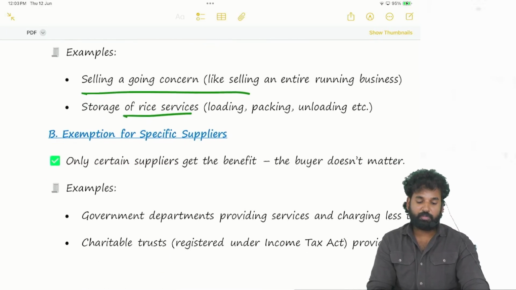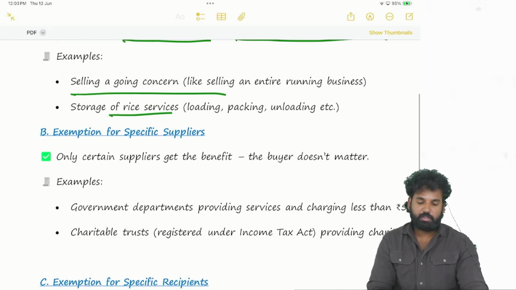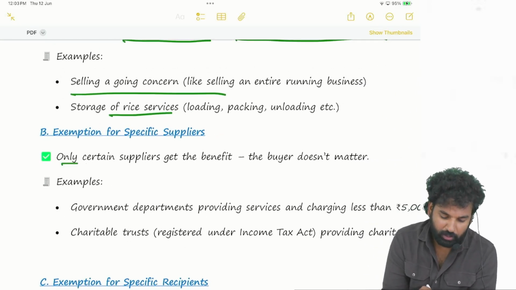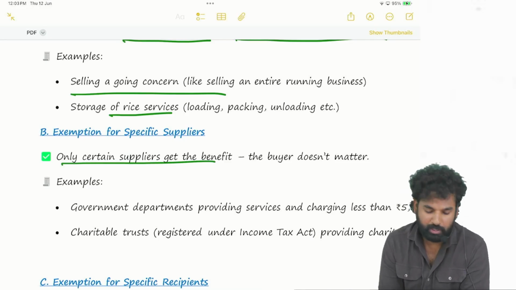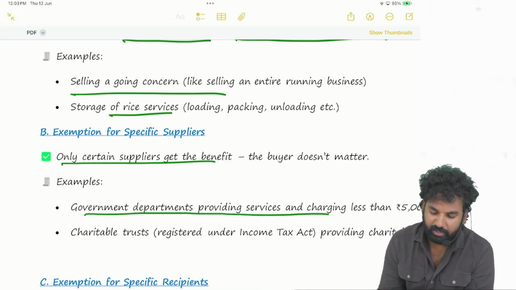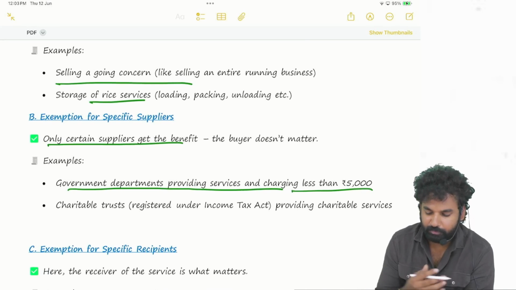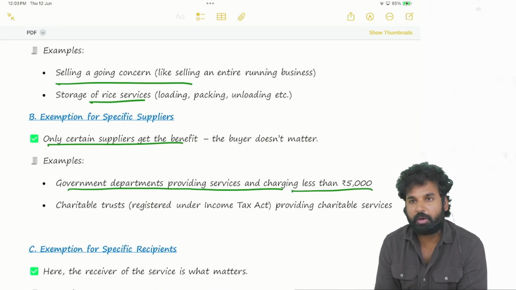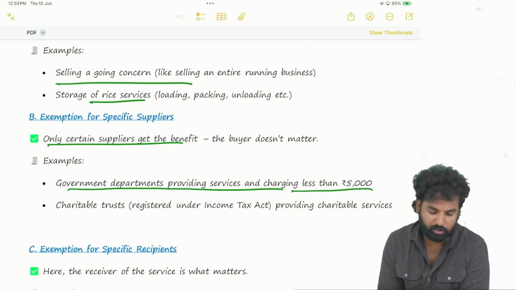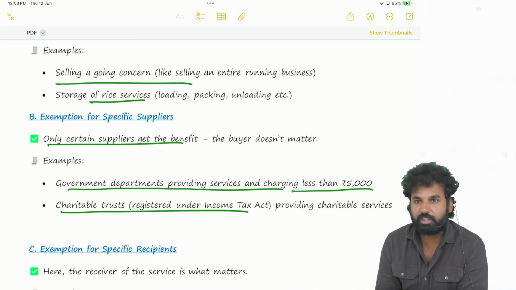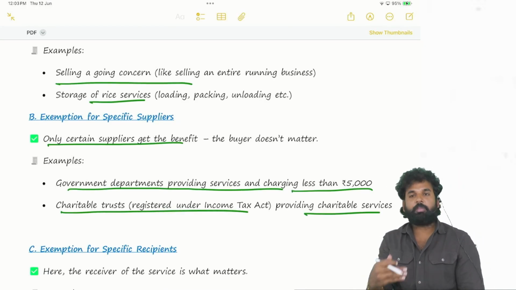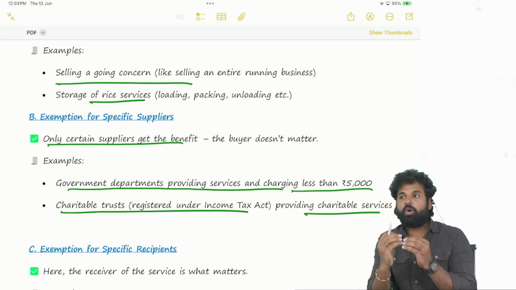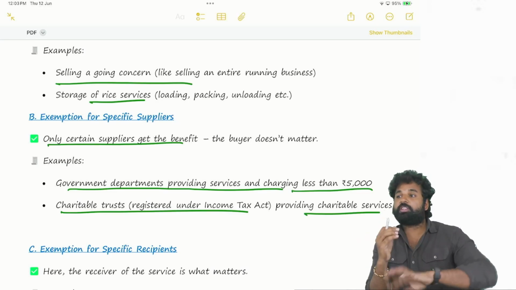Next, exemption for specific suppliers. Specific suppliers means only certain suppliers who are into that business get the benefit. Government departments providing services and charging less than 5,000 rupees. Charitable trusts registered under the Income Tax Act providing charitable services. For these suppliers, the exemption is not on the activity, the exemption is to the supplier.